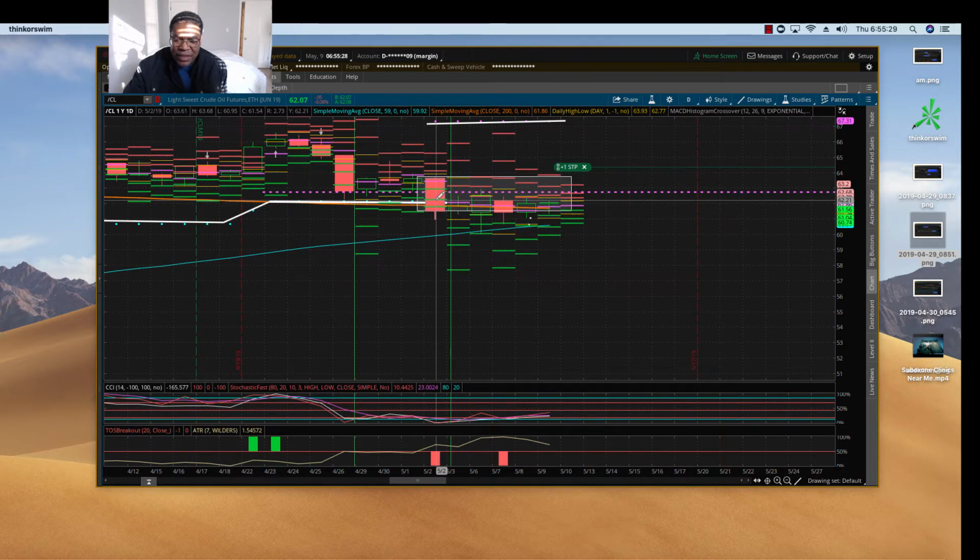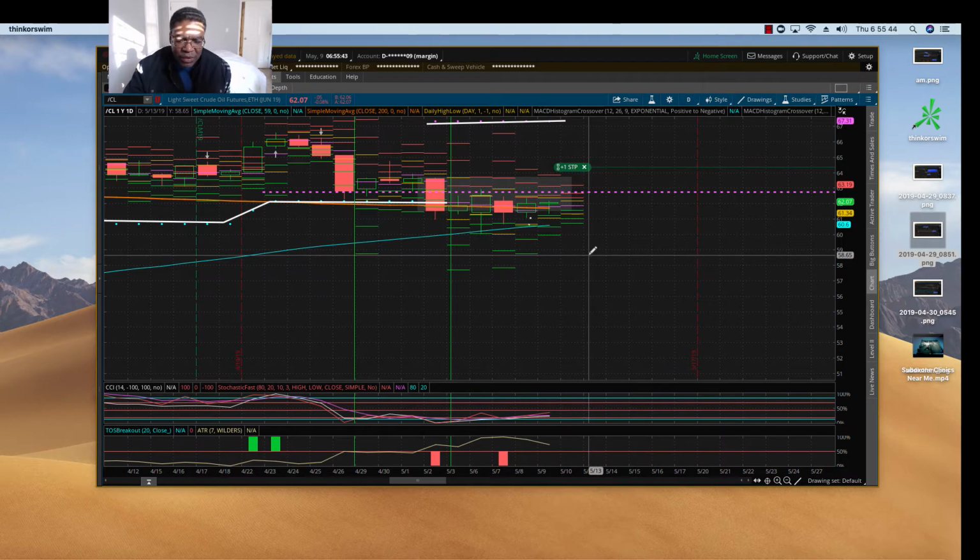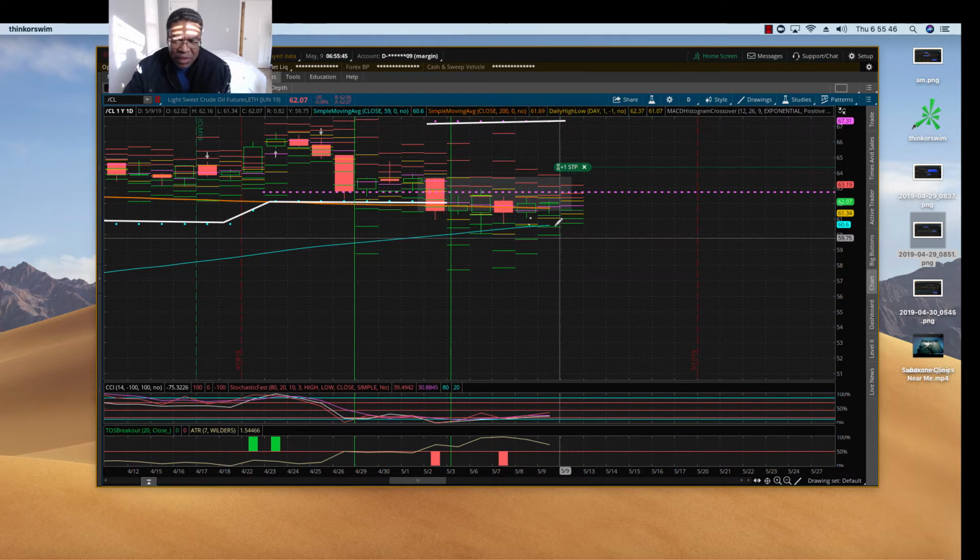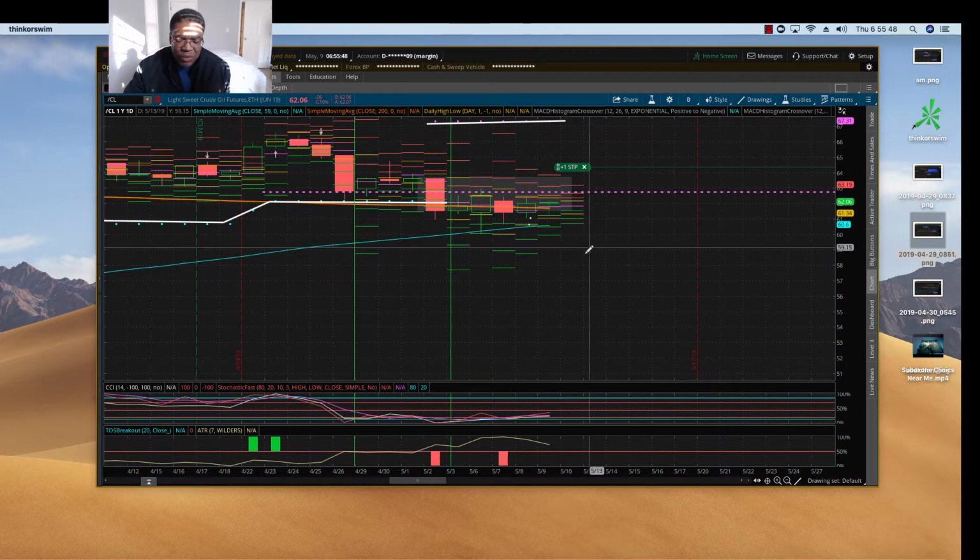There's lots of sellers in there that caused this big move to happen. They're going to add positions on when the market retraces back to them, and try to extend the downward momentum to another low, which is what we're trying to get here.